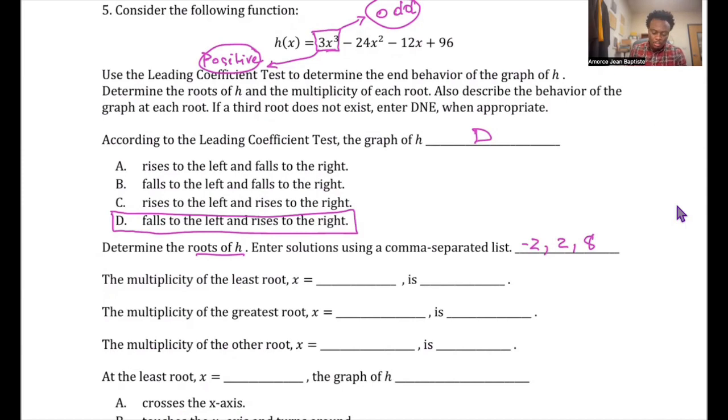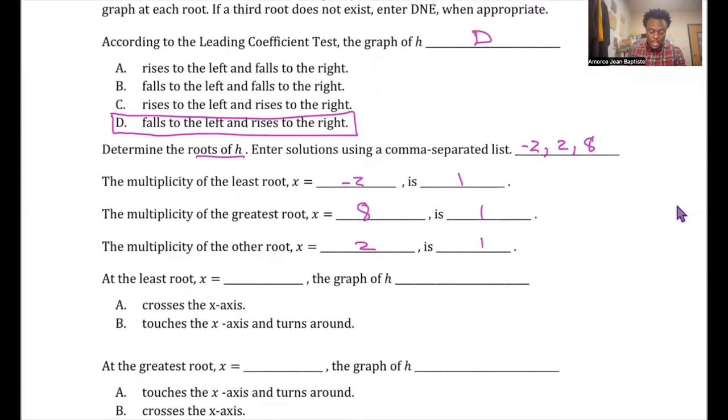And they ask about multiplicity. The least root is -2, multiplicity 1. The greatest one is 8, multiplicity also 1. The other one, 2, multiplicity is also 1. At the least root, -2, with multiplicity 1, the graph crosses the x-axis.